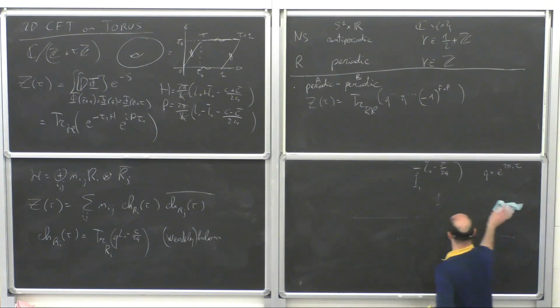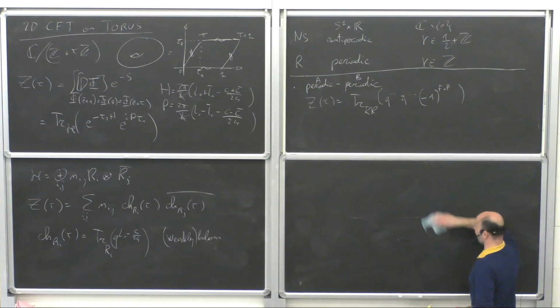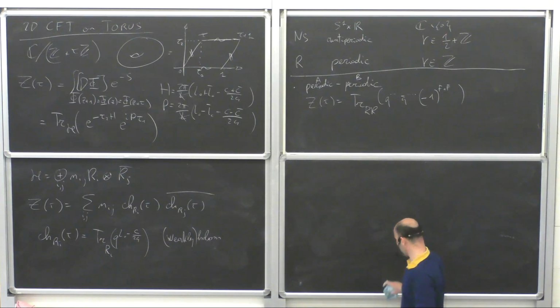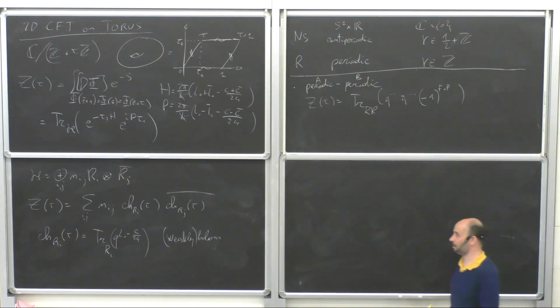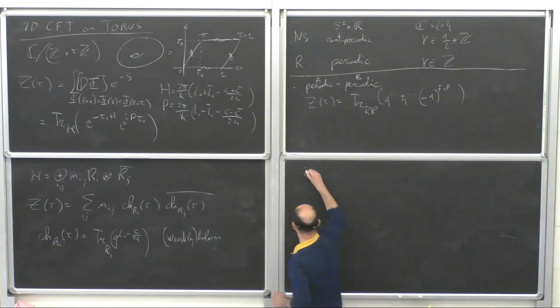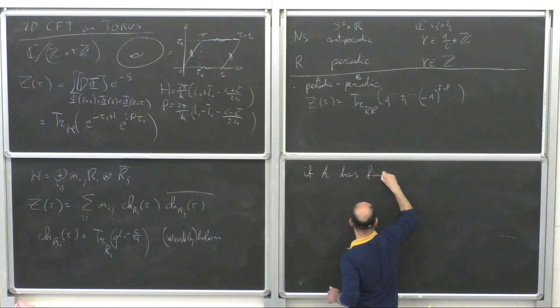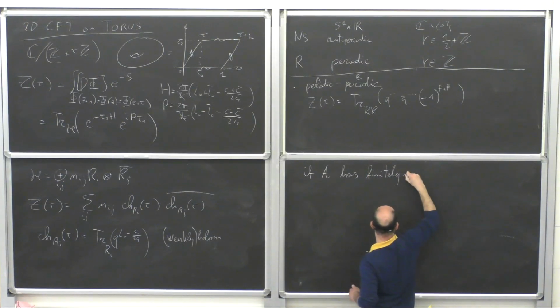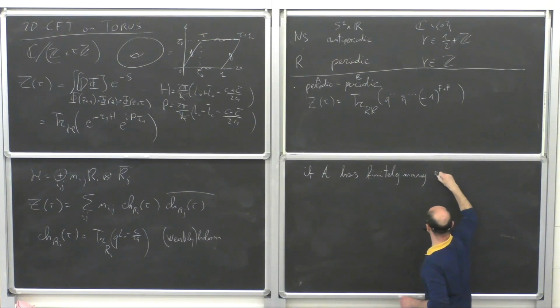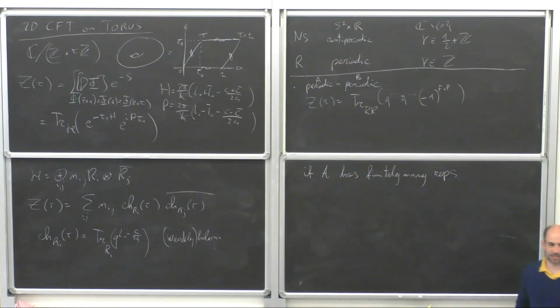So what are the modular properties of these? Well, in general, they can be quite nasty for a generic chiral algebra. But if the chiral algebra A has finitely many representations, then things get much nicer.